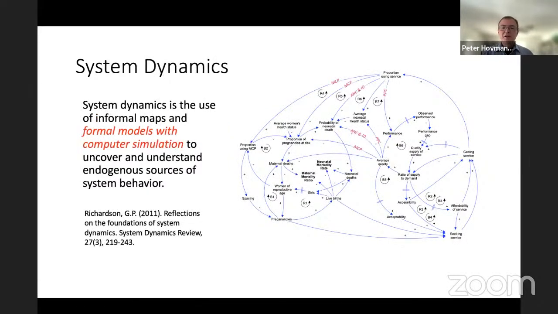So this is the work in Honduras at a later stage, showing a causal loop diagram representing the simulation model, looking at maternal and neonatal mortality, and strategies to reduce mortality rates and different interventions that are broken up by different types of services, both supply side and demand side and quality.